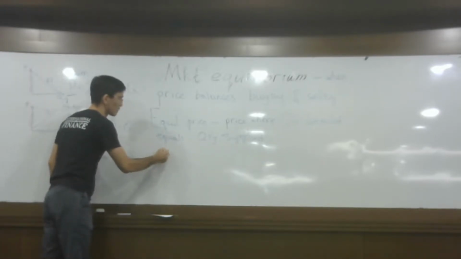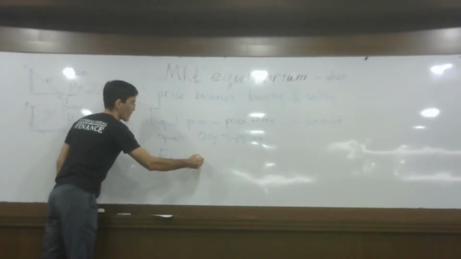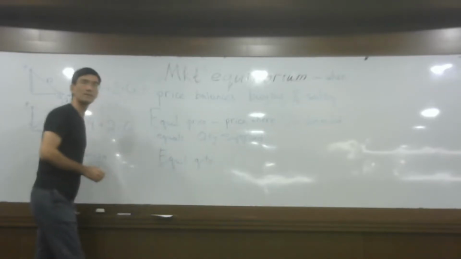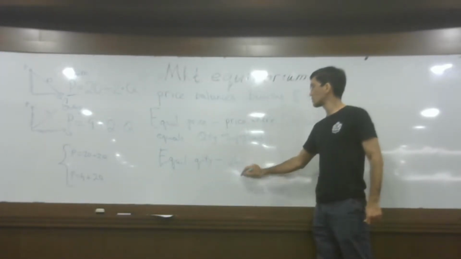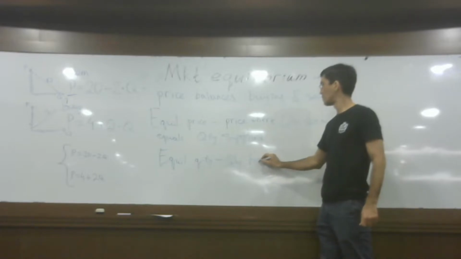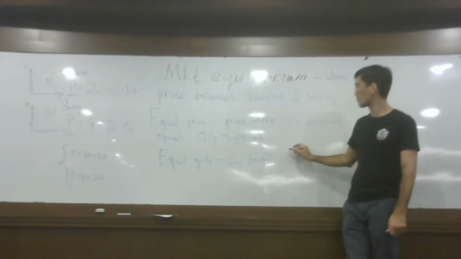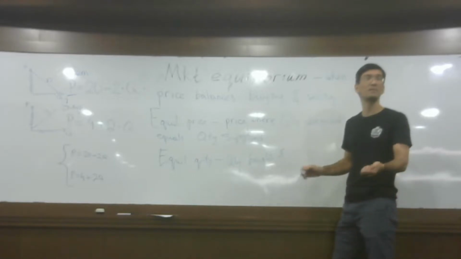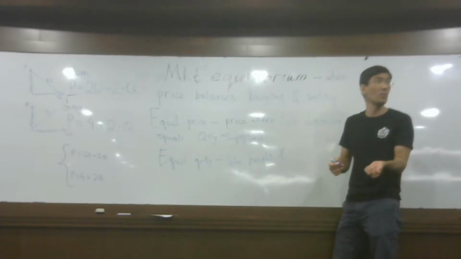And similarly, equilibrium quantity is the quantity of the product bought and sold, because if somebody is buying, that must mean somebody is selling, otherwise whom are you buying from, right?